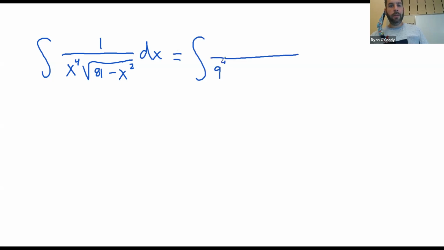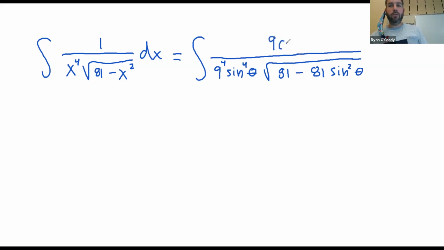I'll just write it as 9 to the 4th sine to the 4th theta. And then inside is 81 minus 81 sine squared theta. And then since I'm out of space, I'm going to write the differential up here, which was 9 cosine theta, and then I'll put my d theta here. So that's what happens when you perform the substitution.